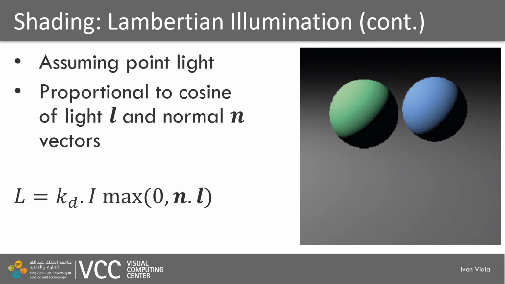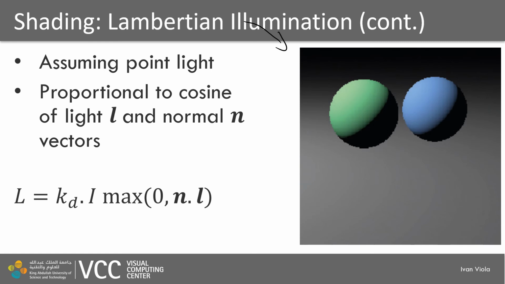Here is the result of applying Lambertian illumination. As we described it, we can see that the light source is coming from somewhere like this, and it's illuminating our scene, for which we have previously calculated the intersection tests.